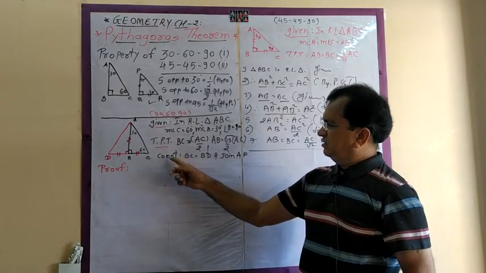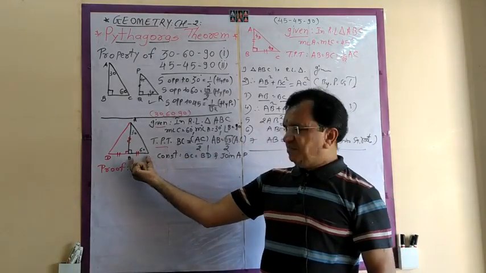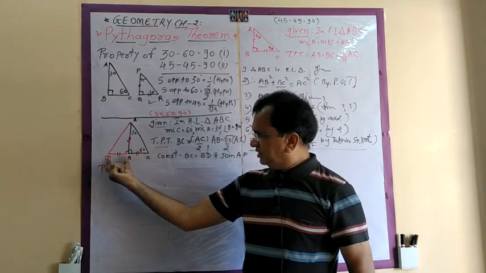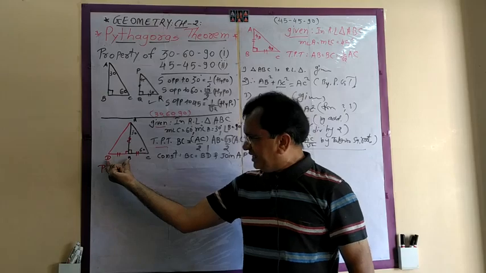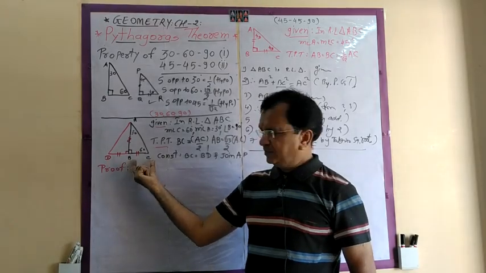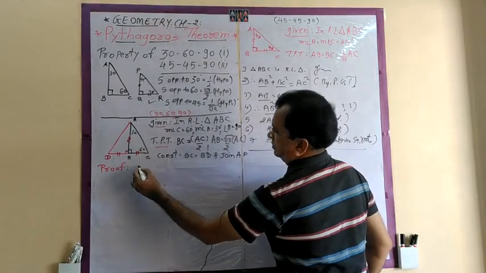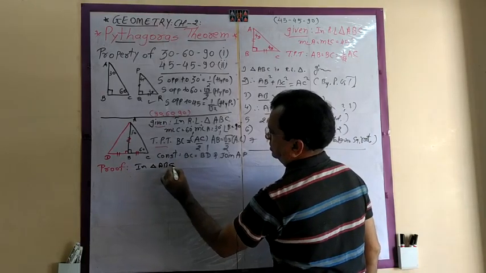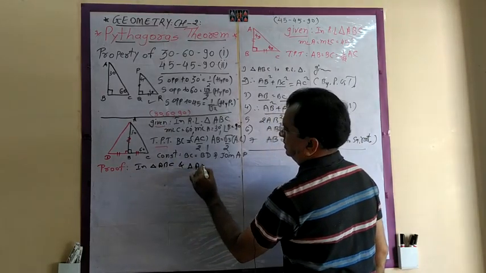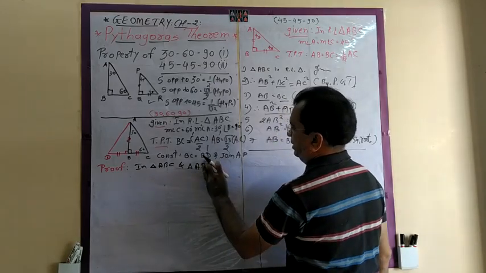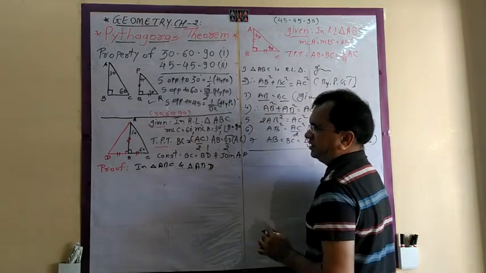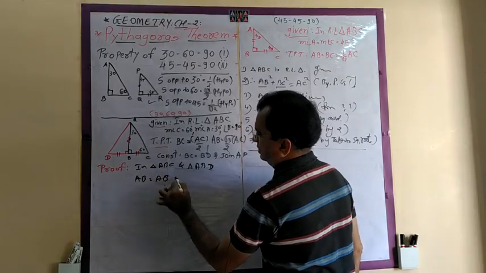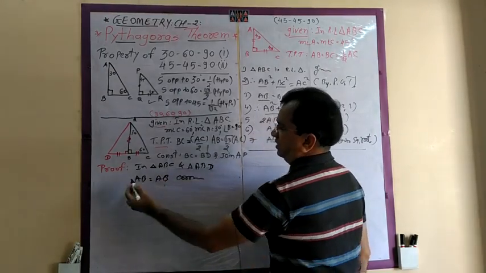Do the construction. BC extend in such a way that BD is equal to BC. Now proof. In triangle ABC and triangle ABD, AB is equal to AB, common.